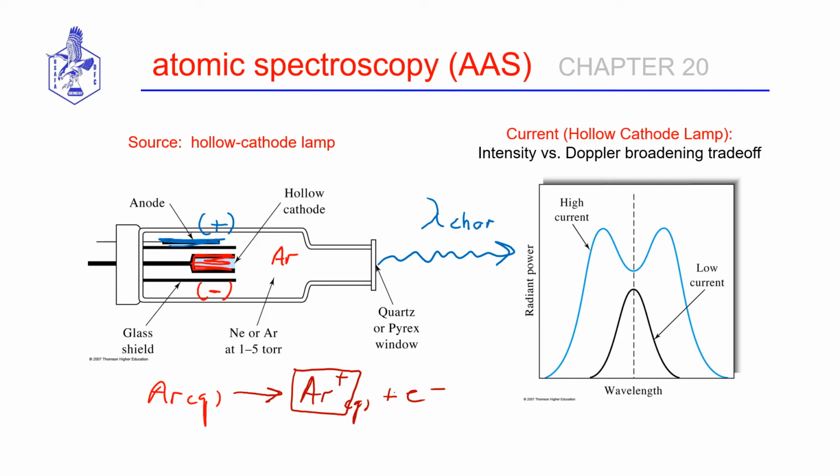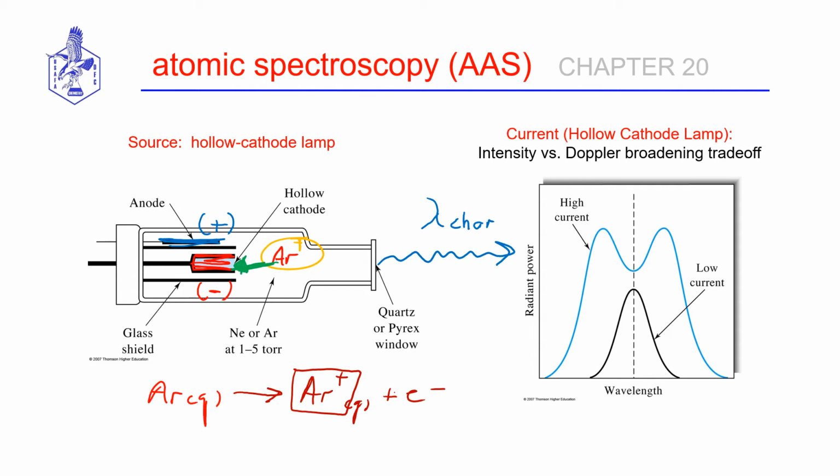These ions, once formed, are going to be attracted to the negative terminal and slam into the cathode.